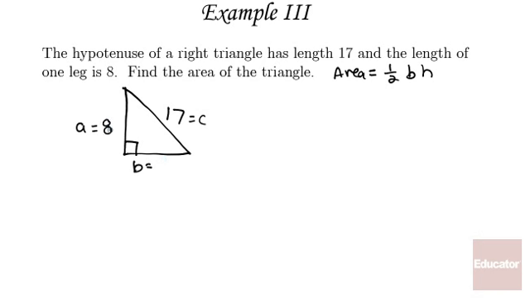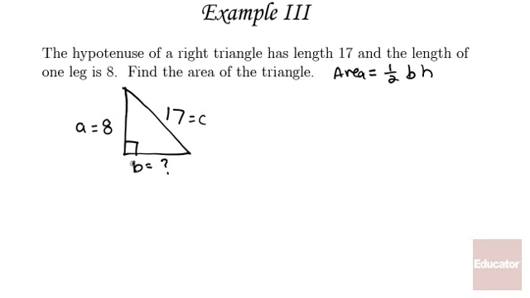So the length of this side we'll say is 8, B is unknown, and recall that this side will be, we'll say, the base, and then this is going to be the height. Okay. So I'm not going to get to my area formula quite yet. I can't until I find the length of this third side.